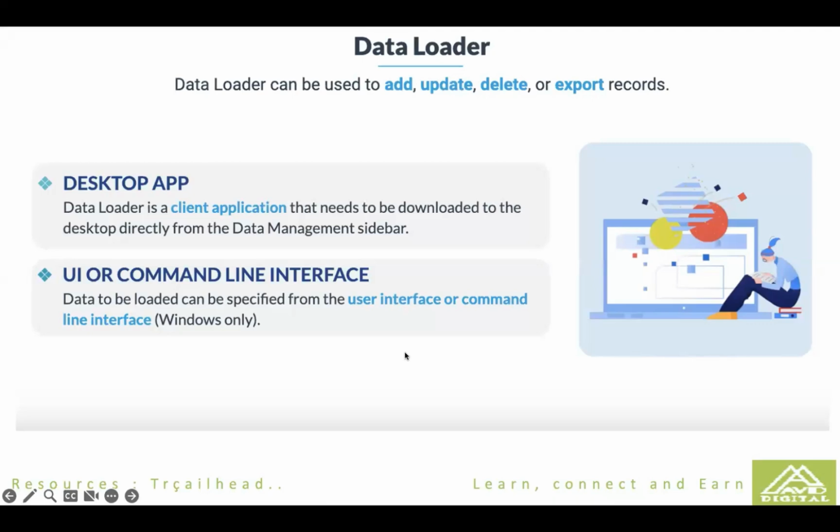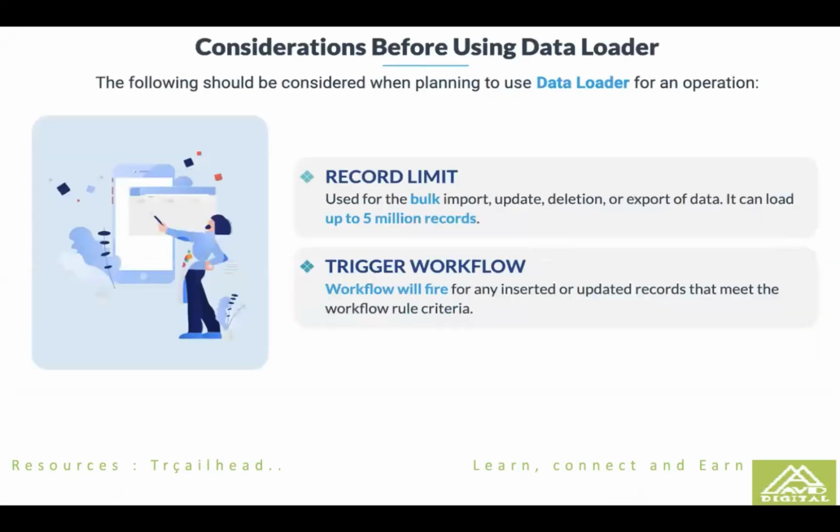So these are the things you can do with Data Loader: add, update, delete, upsert, export, and all the rest. Considerations before using Data Loader: the following should be considered when planning an operation, like the record limits for bulk imports. You can use it for update, deletion, and export of data. You can use it to hard delete, and even to delete all.